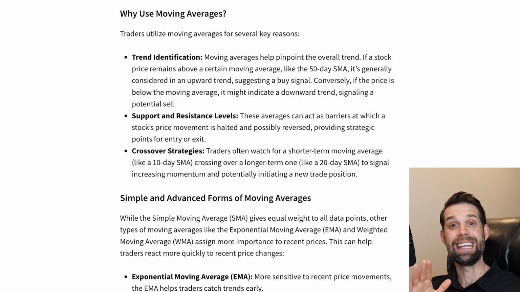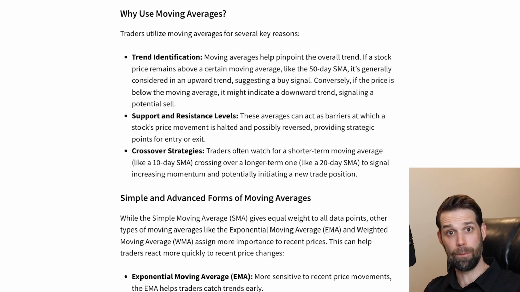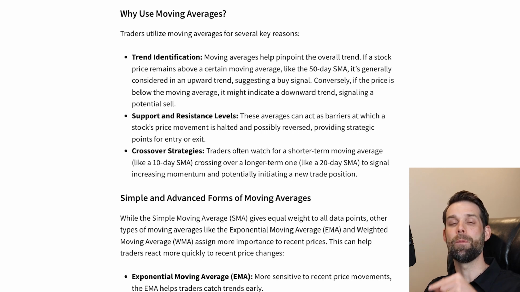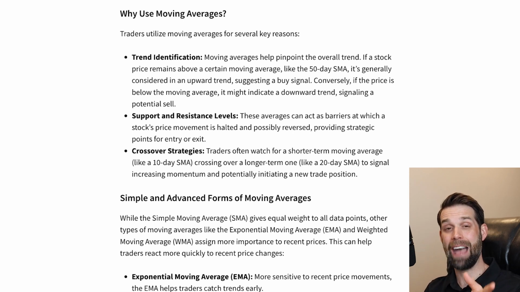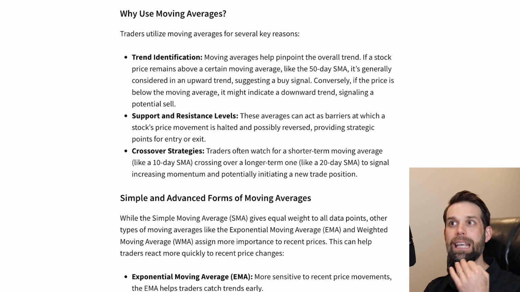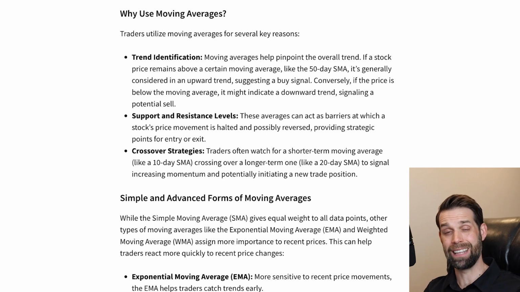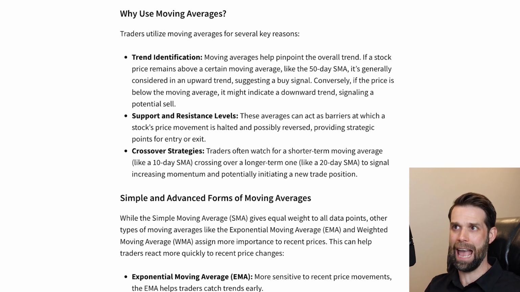So it's probably in an uptrend. And if the price was below the 50-day moving average, that might indicate a downtrend, because the price now is less than the average of the last 50 trading sessions. So clearly you can identify trends with these moving averages.